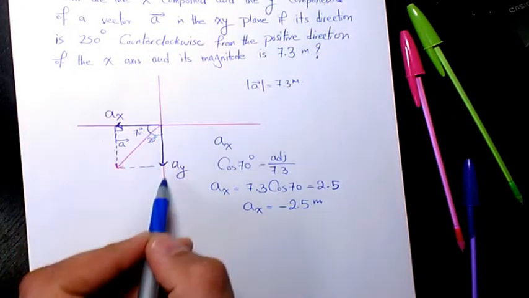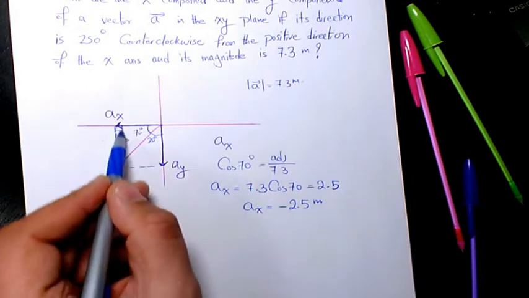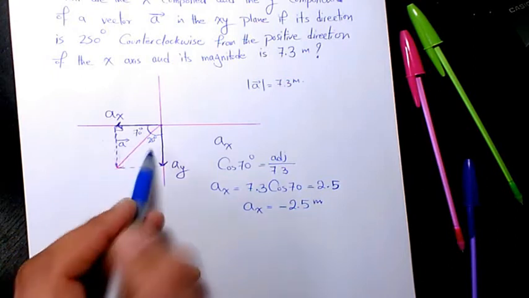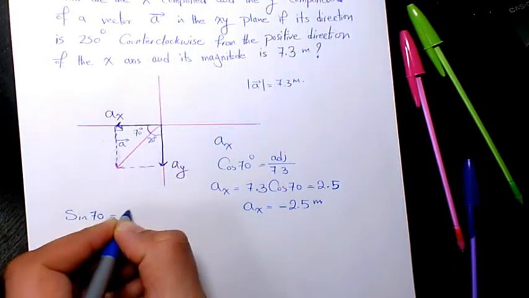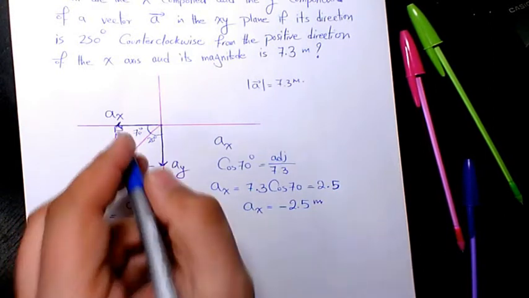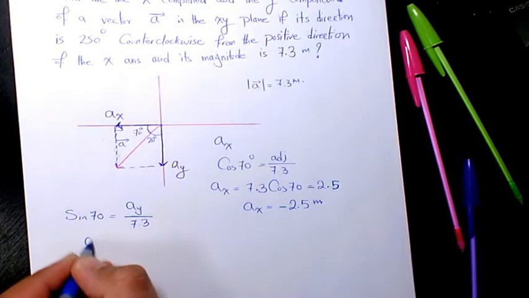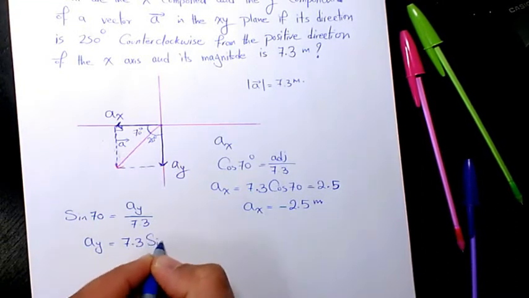Now let's find out the ay. Ay is going to be the same length as this vector here, which is going to be opposite. So sine 70 equals opposite, which is ay, divided by the hypotenuse, which is 7.3. So ay equals 7.3 sine 70.